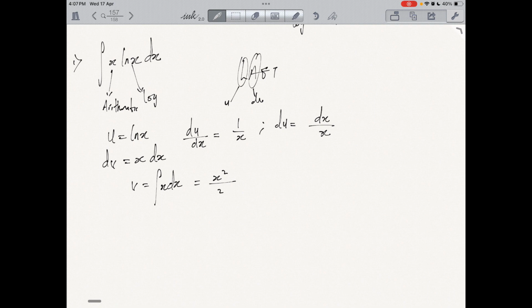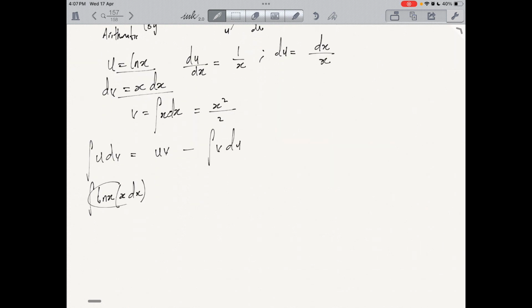Now let's apply our formula for integration by parts, where we have the integral of u dv is equal to uv minus the integral of v du. Our u is ln x, and our dv is x dx.